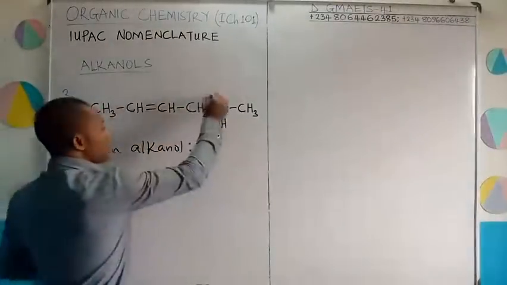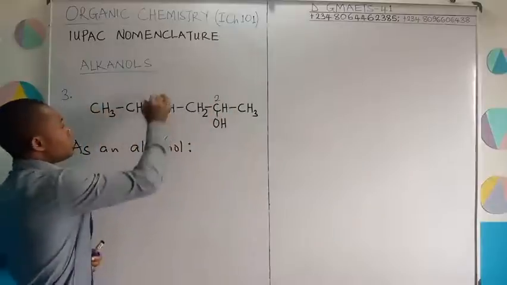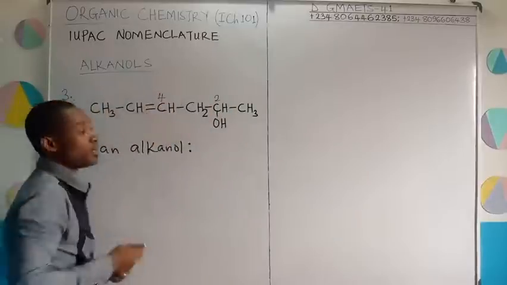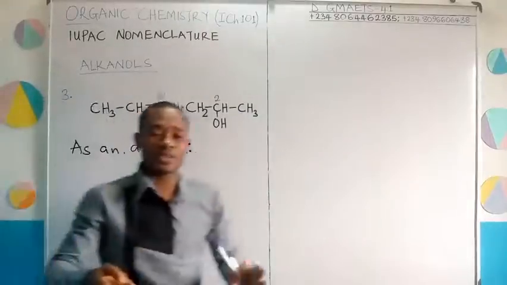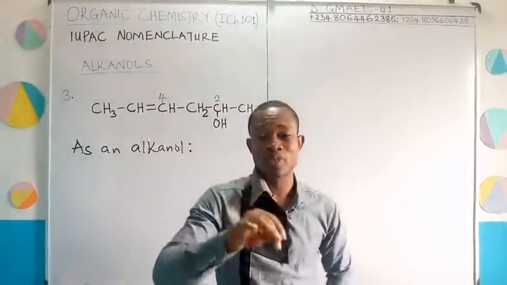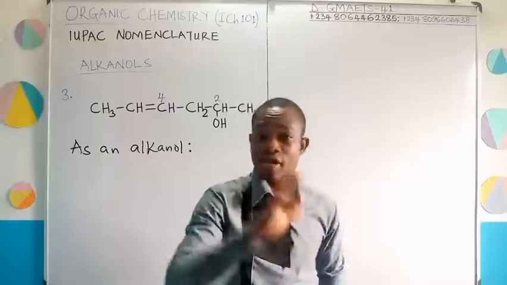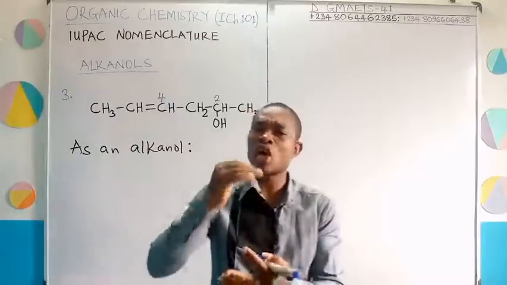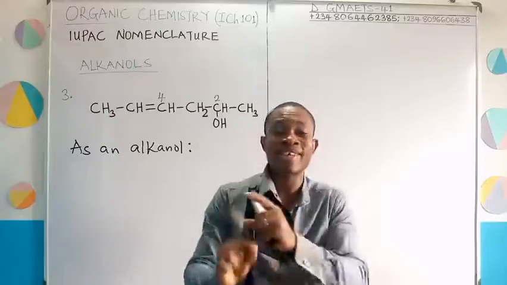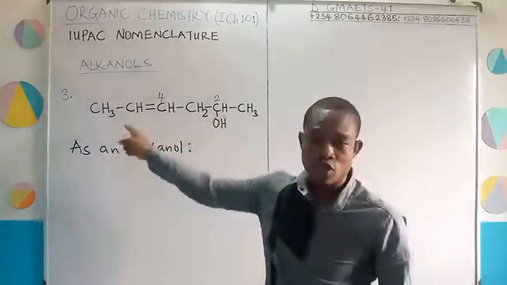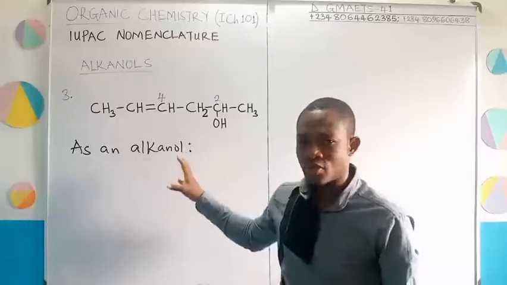On the second carbon atom we have the OH, and on the fourth carbon atom we have this double bond. If I am naming this structure as an alkanol, please note that the double bond, which represents the alkene, will appear as a sub-attachment in the parent name of this structure. This is 6 carbon atoms, we know that.